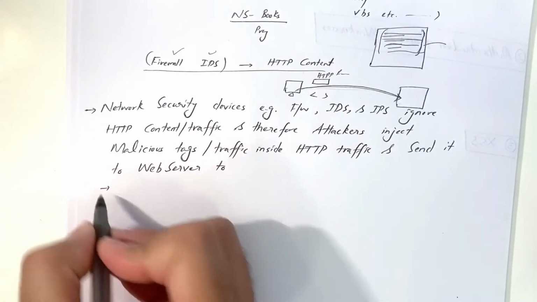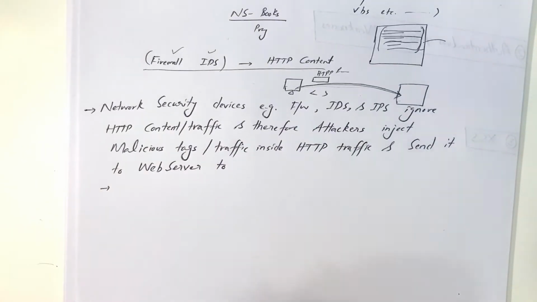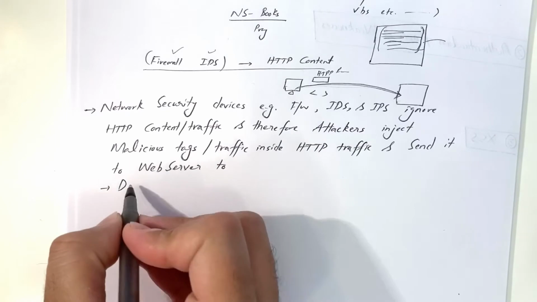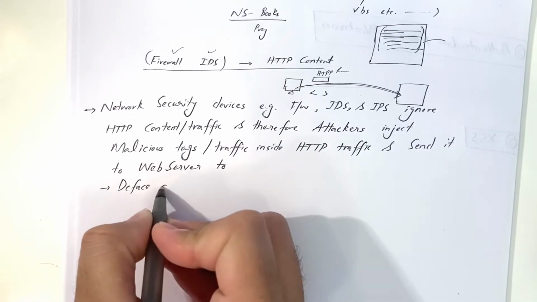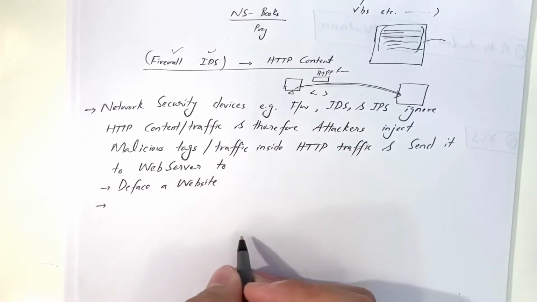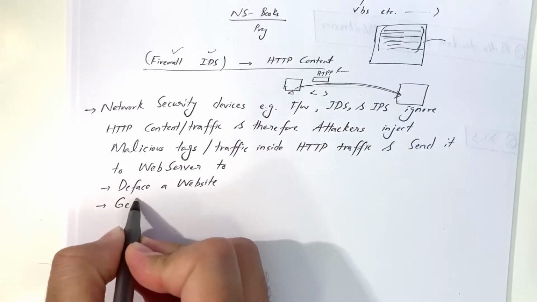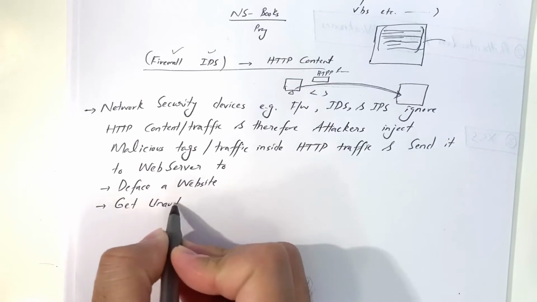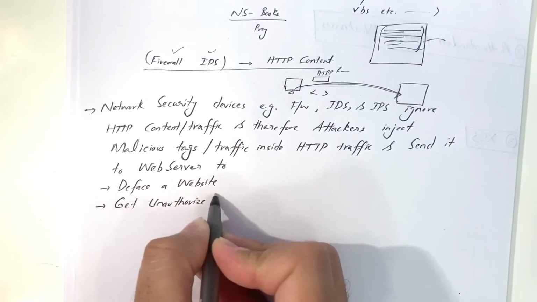There could be many objectives. One could be to deface a website, for example, to get unauthorized access.